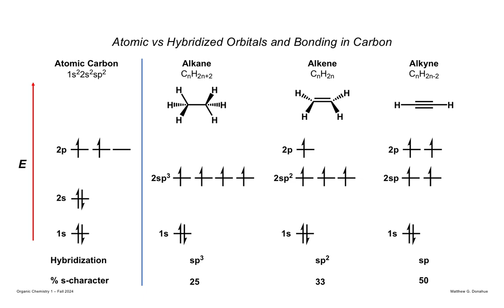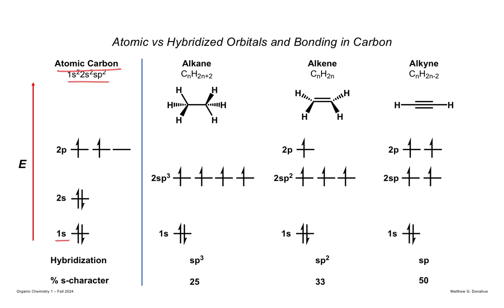So let's look at just pictorially what's happening. On the left here, we have atomic carbon. There's the 6 electrons, the 1s2, the 2s2, and the 2p2. We know from general chemistry, we can start filling in those electrons in these atomic orbitals.